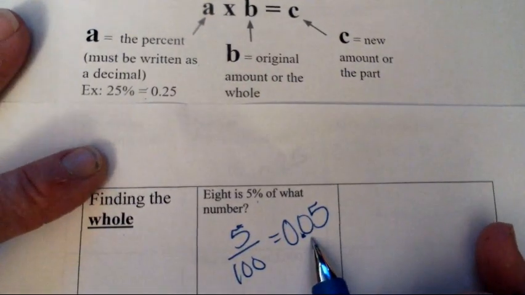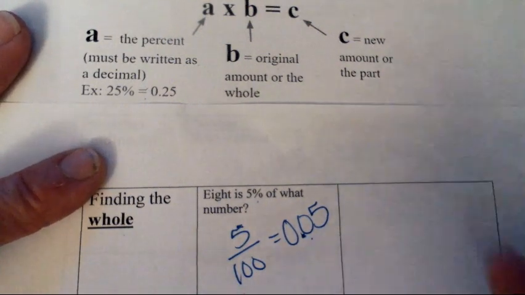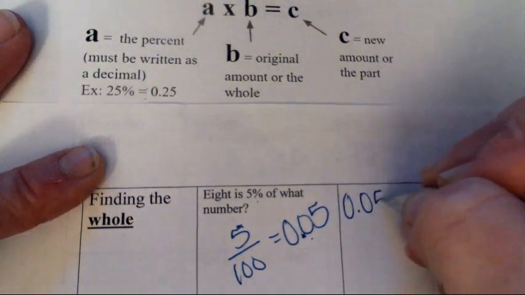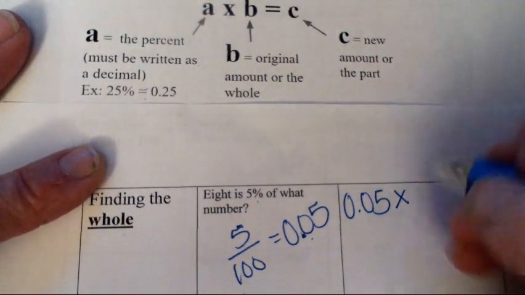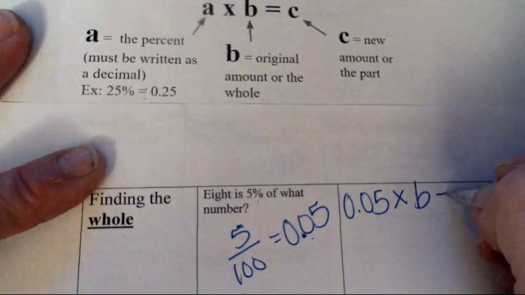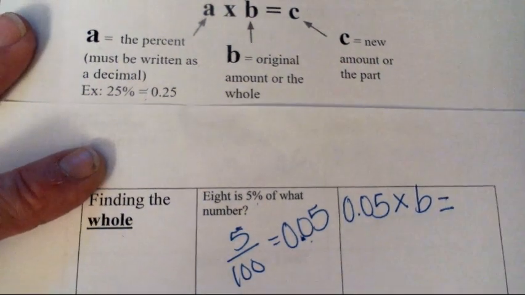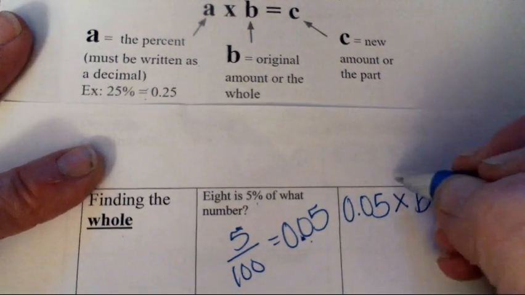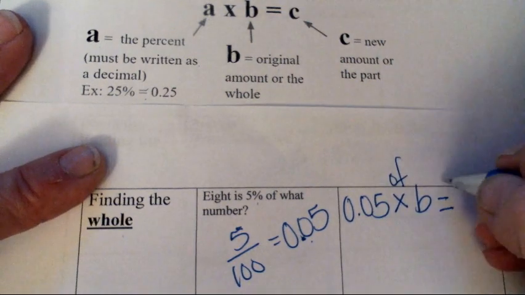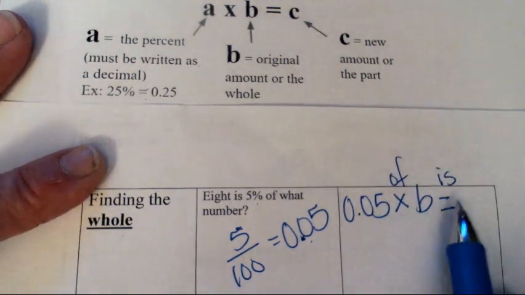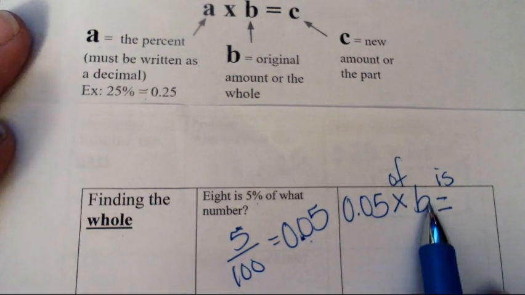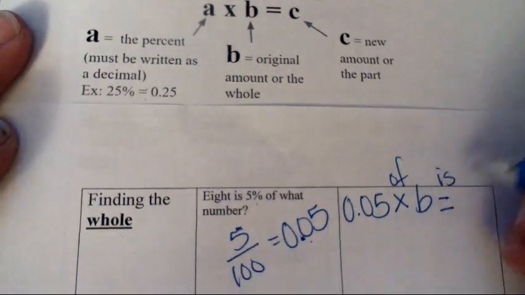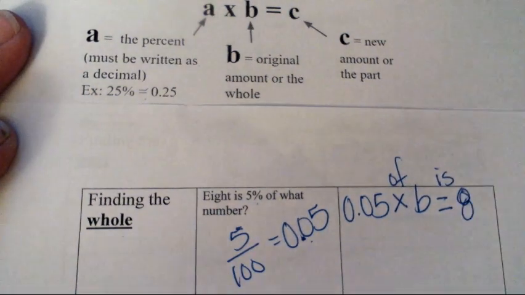So we start with our percent as a decimal, and we multiply that by our unknown, which is B this time, because we're trying to find the whole, equals. Remember, is an equal sign in math. The multiply sign is of, the equal sign is. So we're trying to find 5% of some unknown value, and it says is 8.